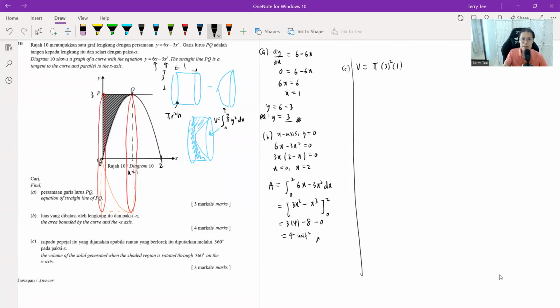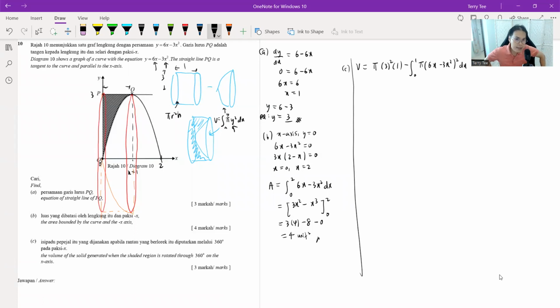The height is the thickness here, measured from here to here, which is 1. Then you minus integration, lower limit is 0, upper limit is 1, pi, what's your y? Your y is 6x minus 3x squared. You got to square it, dx, because the formula is y squared dx.